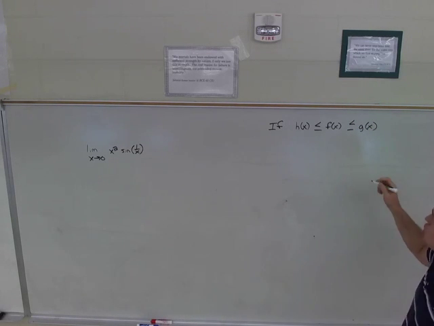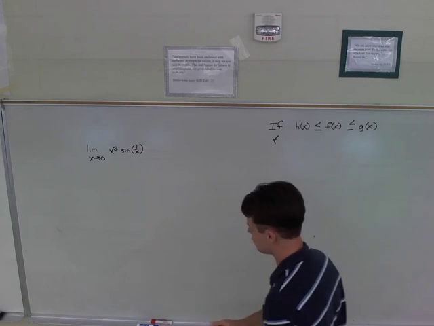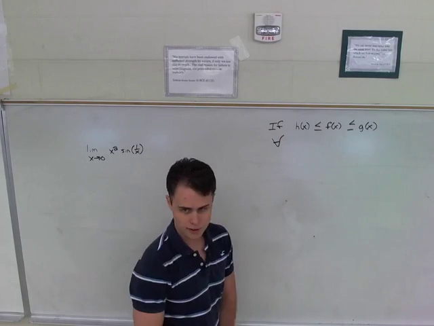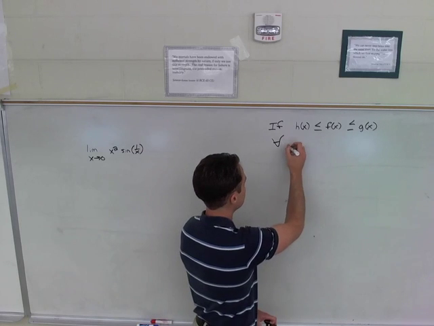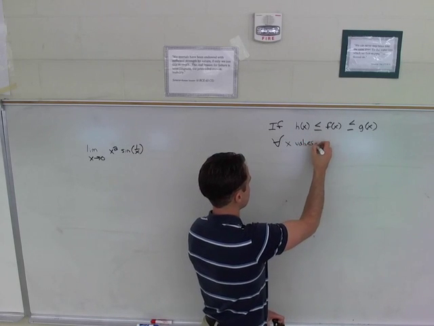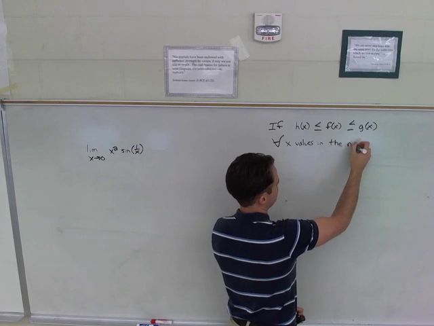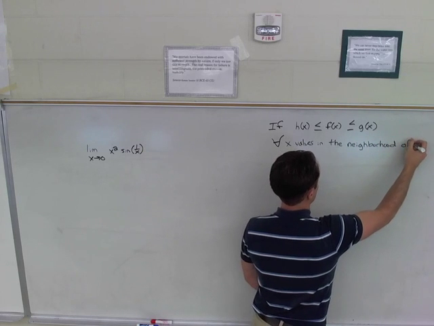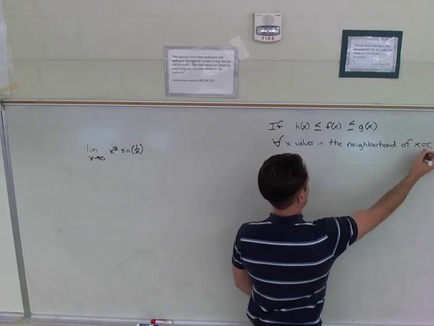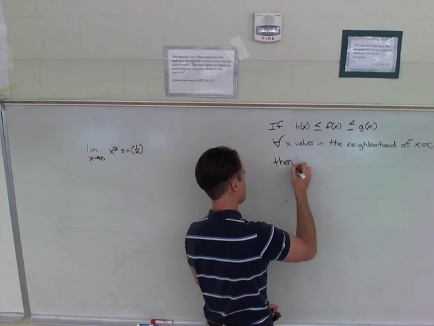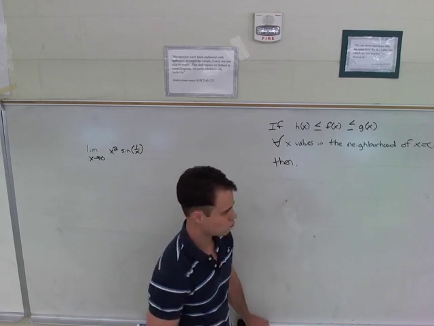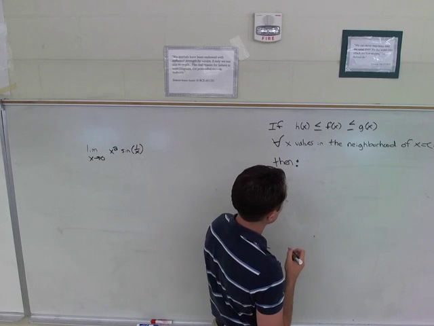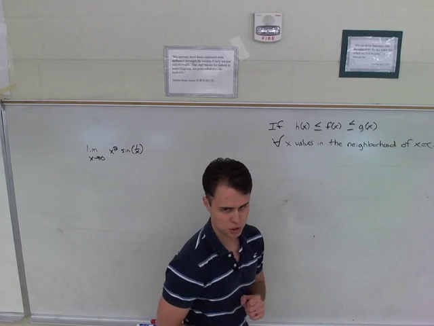It says that if that's true for all, I'll give you guys even the symbol, for all x values, and I don't know how the book says it, but in the neighborhood of x equals c, then, punchline, what can we do? We can say that, oh wait, I need more stuff. No punchline yet. Sorry.